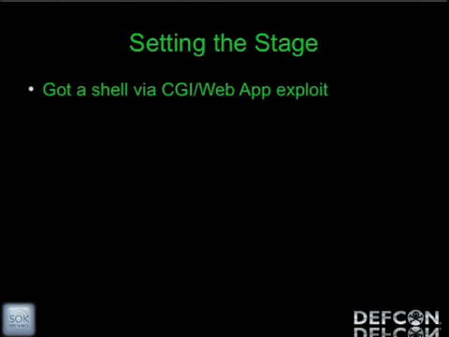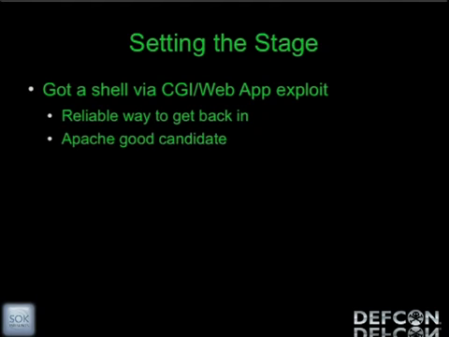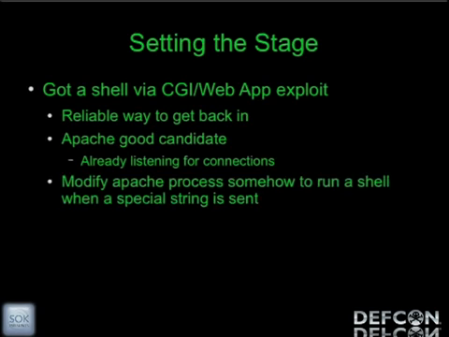To set the stage, I've got a shell via a CGI web application exploit, and I need a reliable way to get back in. Apache is a really good candidate to target because it's already listening for connections. It's already got its front door open saying, come right on in. So my end goal is to modify the Apache process somehow to run a shell when a special string is sent.